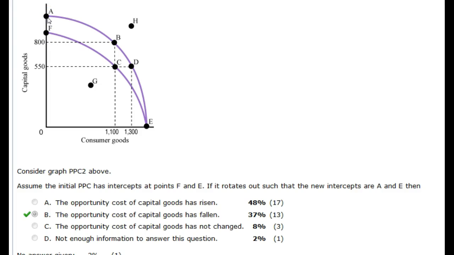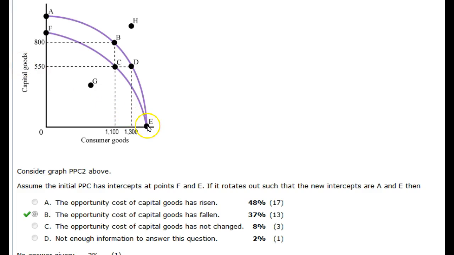So the slope, as you recall, gives you the opportunity cost of the y good in terms of x. So the first thing I would note here is that, as you go from here to here, the slope is more negative now. That means the opportunity cost of consumer goods has risen. That necessarily implies that the opportunity cost of capital goods has fallen.